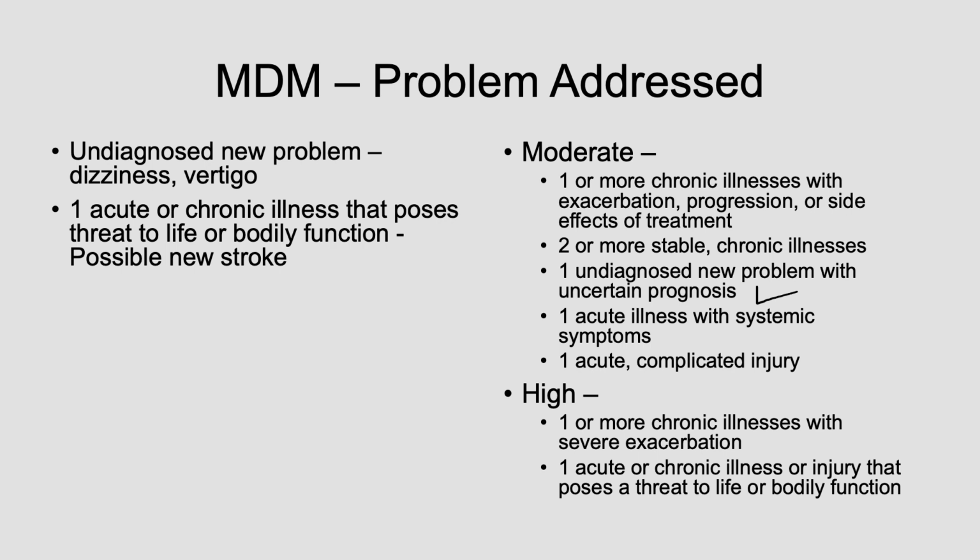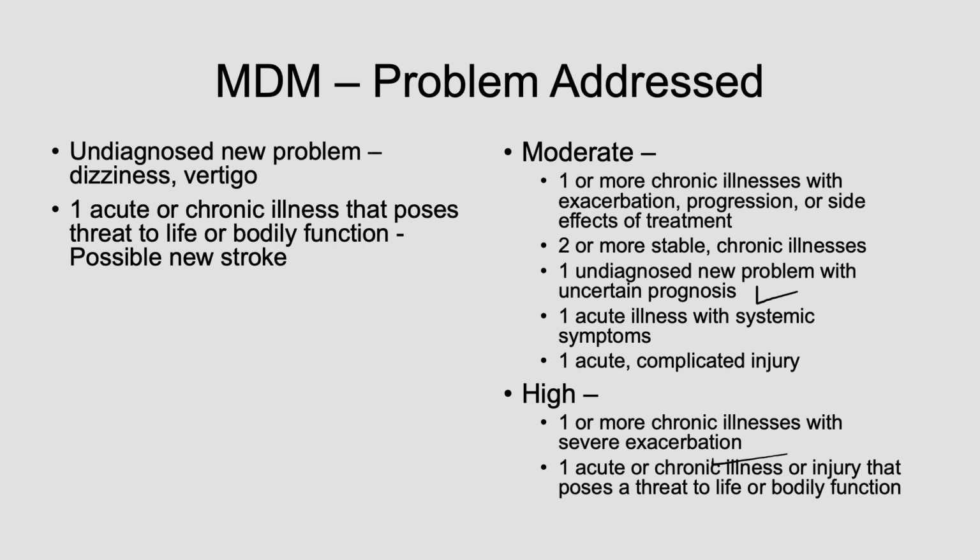So the guidelines for problems addressed include acute or chronic illnesses or injury that poses a threat to life and bodily function. That's down here under high. The guidelines state some symptoms may represent a condition that is significantly probable and poses a potential threat to life or bodily function.